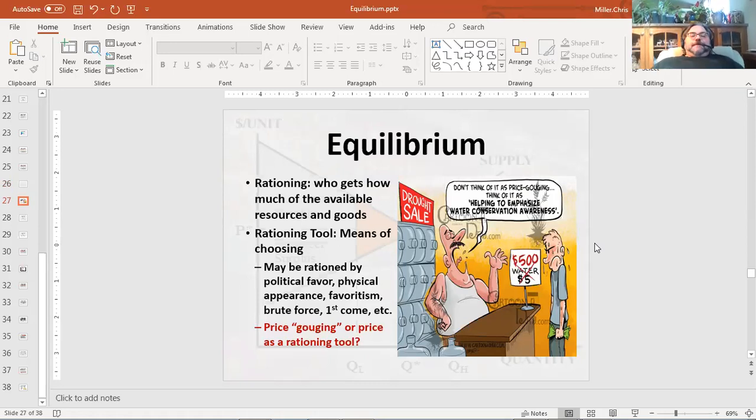Basic definitions. Rationing very simply means controlling the supply. And we control the supply by a number of factors. We can do it by artificially limiting the supply. We can do it by artificially boosting the supply, but we can also do it by artificially adjusting the demand, either cutting the demand back or increasing the demand.